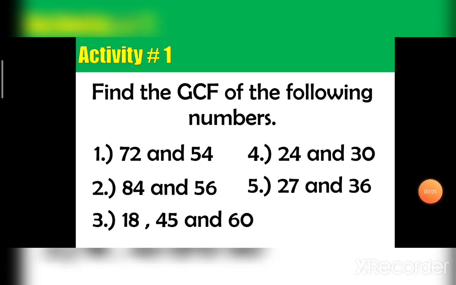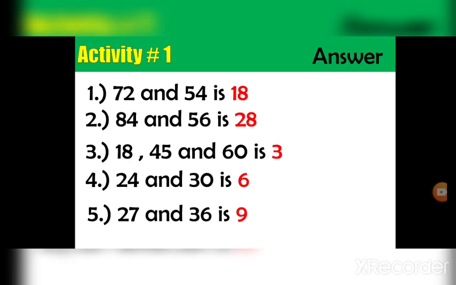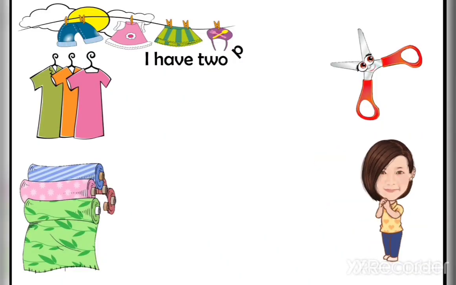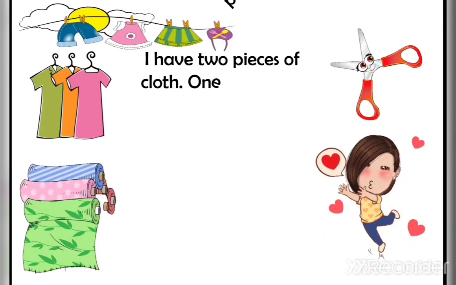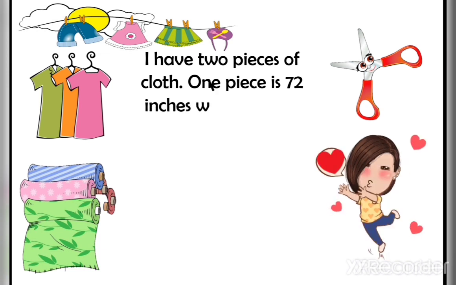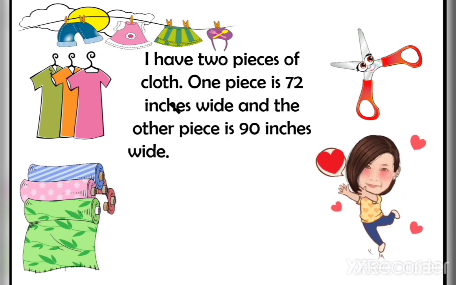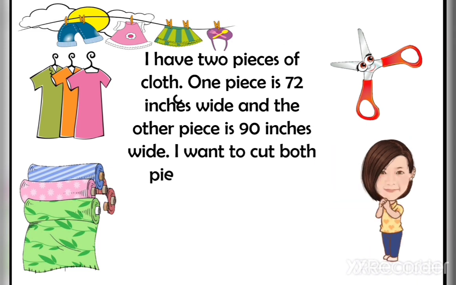And now, let us answer all of these numbers. Based on the problem earlier, let us answer this problem. I have two pieces of cloth. One piece is 72 inches wide and the other piece is 90 inches wide.